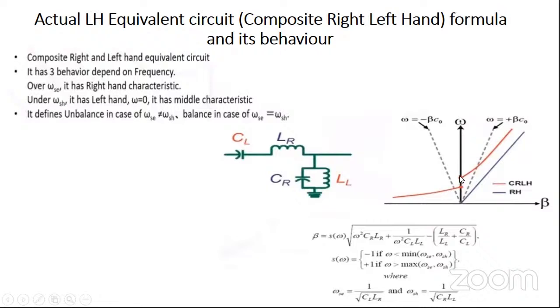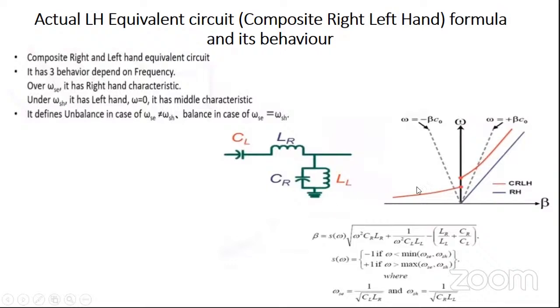And you can see the same in the dispersion diagram also. Your RH material is shown with a violet color graph, whereas your CRLH has both gradients. It is in the negative portion of the omega-beta curve, and also the positive portion is there.